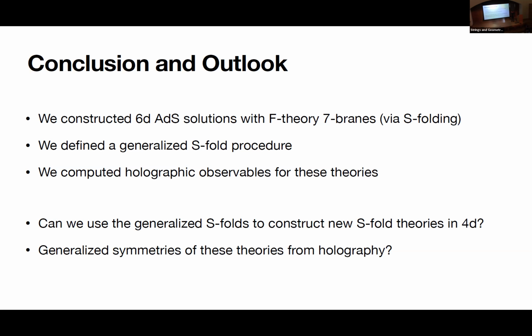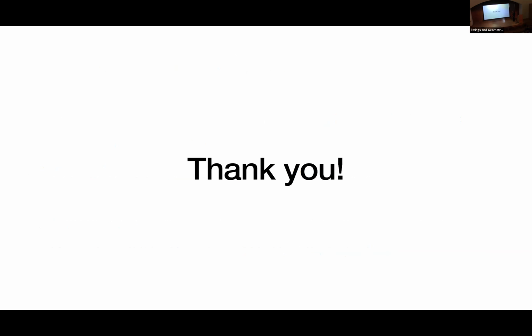At lower rank, we basically know all the N=3 theories, but this might generate new theories at higher rank, or even for any other kind of S-fold, like N=2 or N=1 S-folds. It's interesting to apply this generalized procedure to lower dimensions to see whether it leads to new theories. And finally, it would be interesting to study generalized symmetries for these theories from holography. So thank you for the attention.